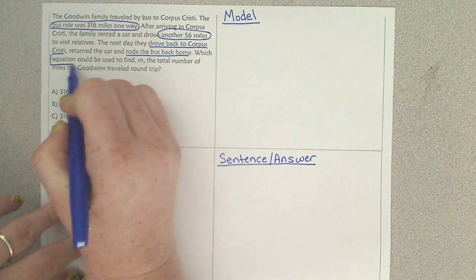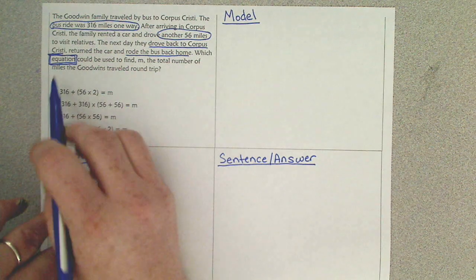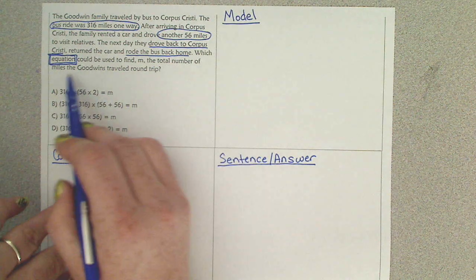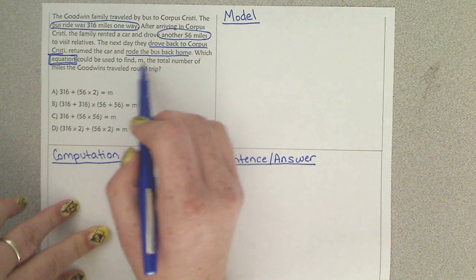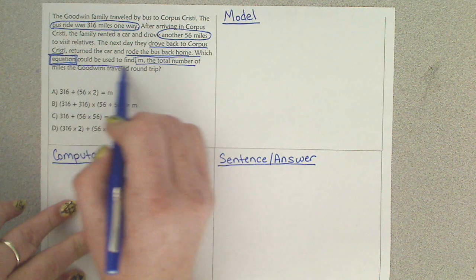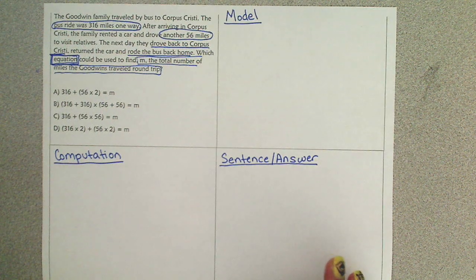Which equation, they're not looking for a number, they're not looking for a total, they want to know the equation, could be used to find M, the total number of miles the Goodwins traveled round trip? I'm also going to box M, the total number of miles the Goodwins traveled round trip, to remind myself what the equation is looking for.